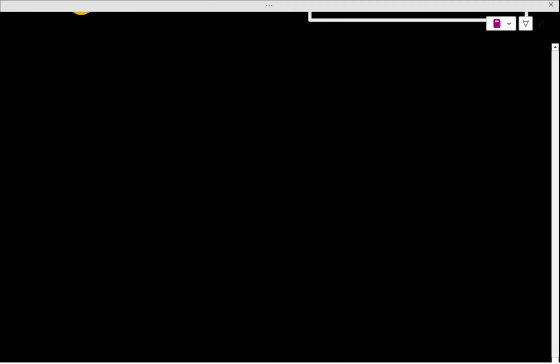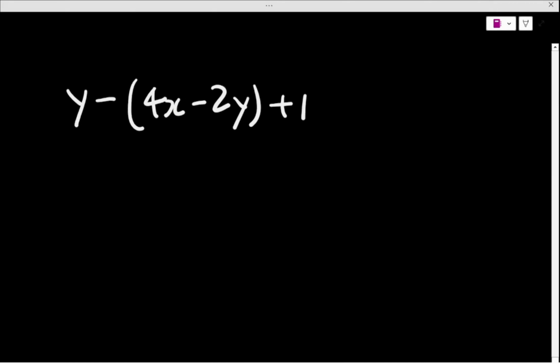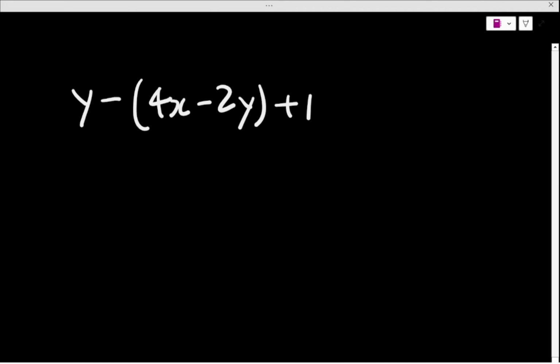Now, let's look at one final problem and why I recommend you to box up the signs as well. What is y minus 4x minus 2y plus 1? First things first, we have a situation right here. What?